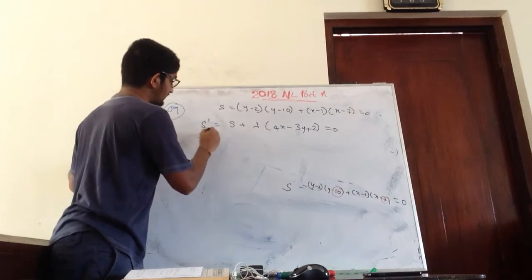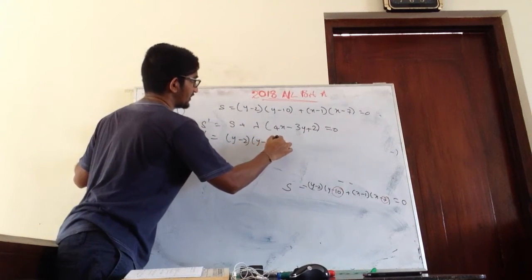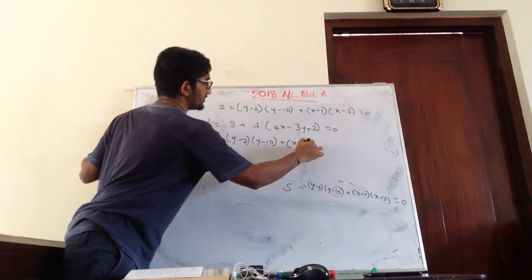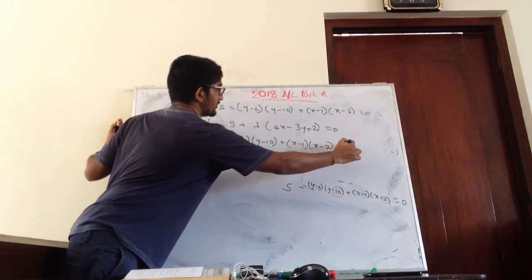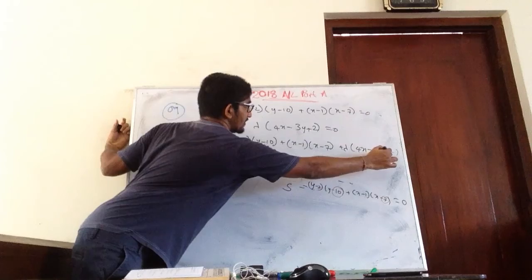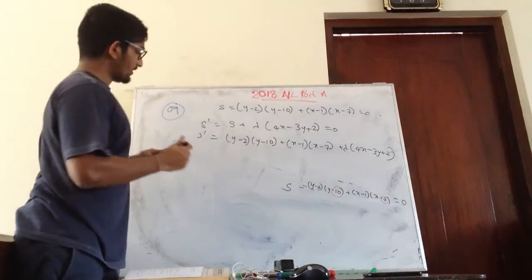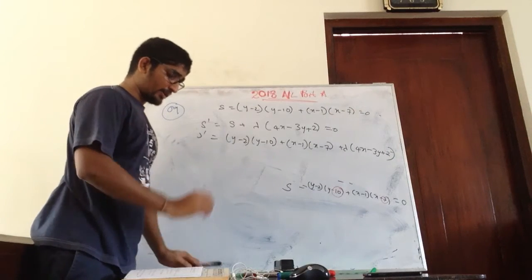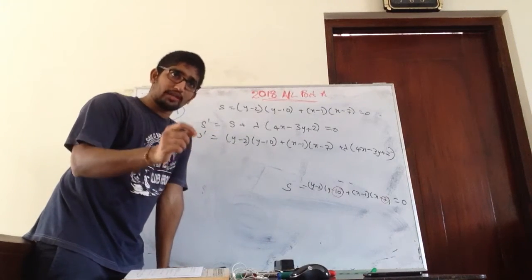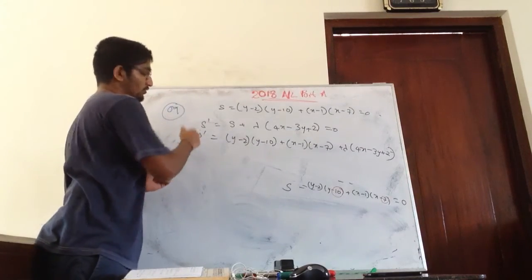So S dash can be written as y minus 2 y minus 10 plus x minus 1 x minus 7 plus lambda 4x minus 3y plus 2. Correct, no?